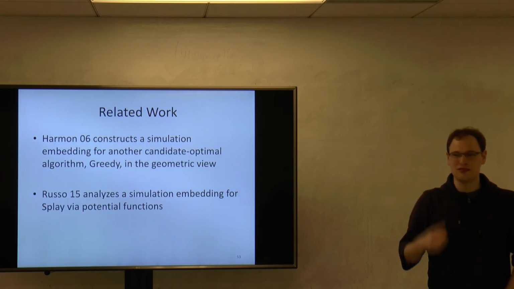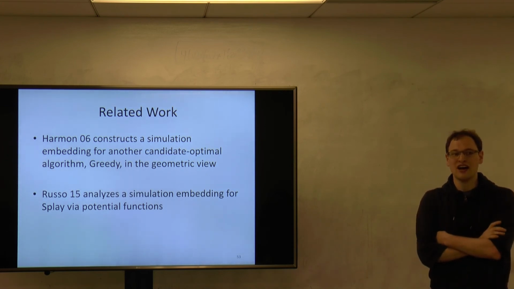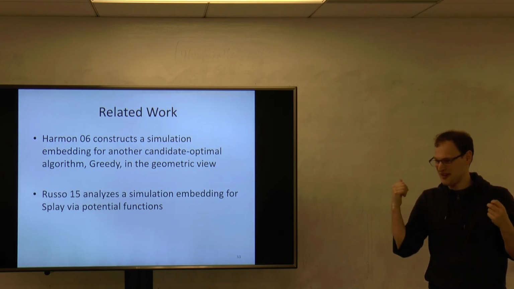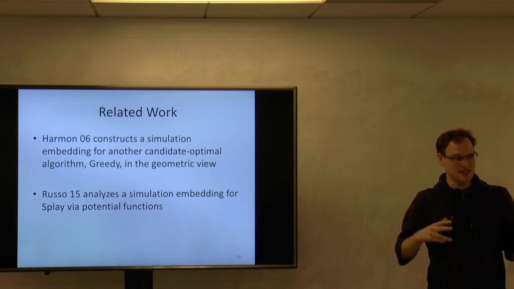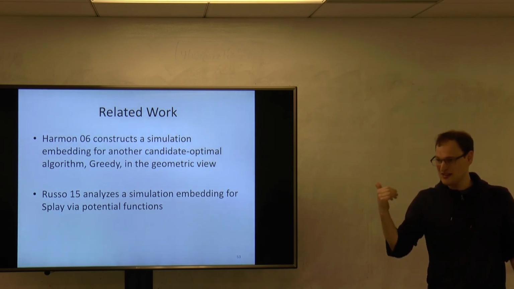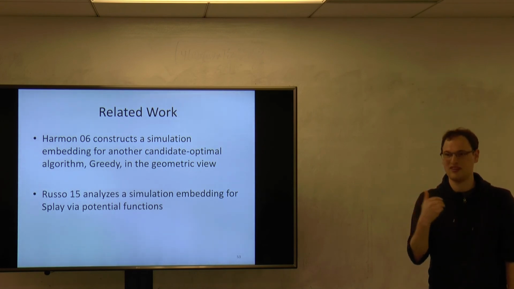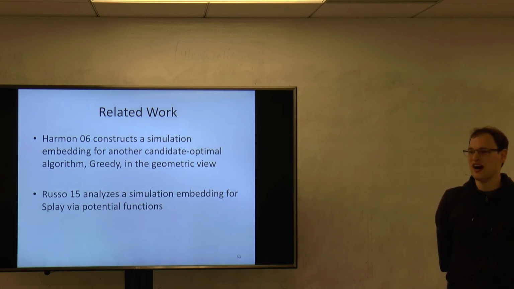This is not the only simulation embedding type construct for Splay trees, binary search trees. I wasn't aware of these works until after I'd done most of this stuff, and they weren't aware of each other, so you could say there are 3 independent rediscoveries of this method in dynamic optimality, so maybe it's intrinsic to the problem.